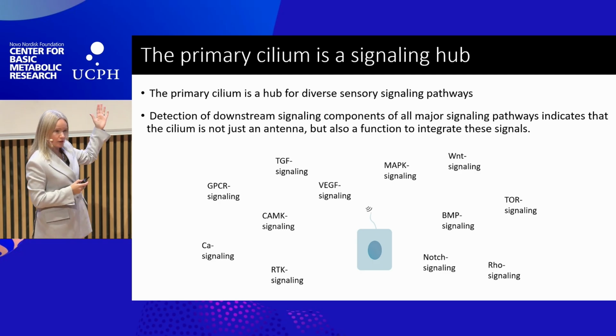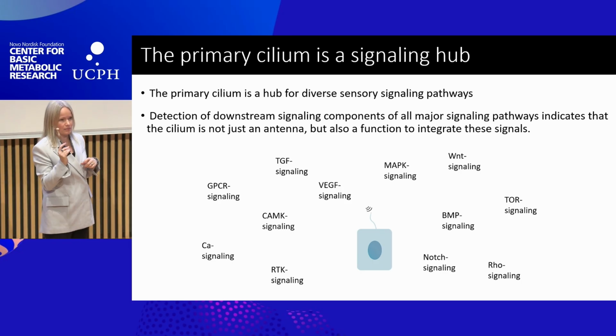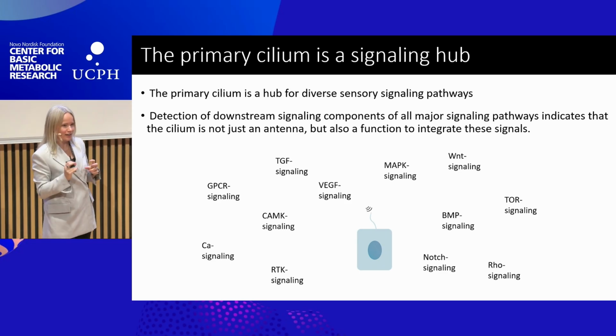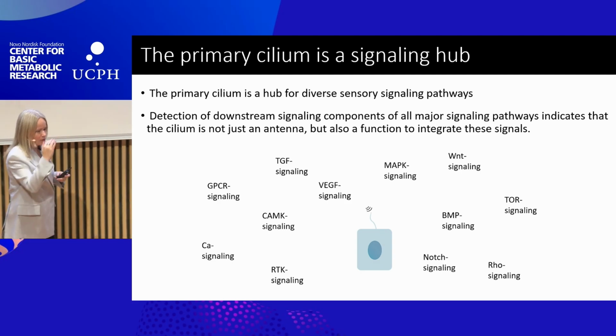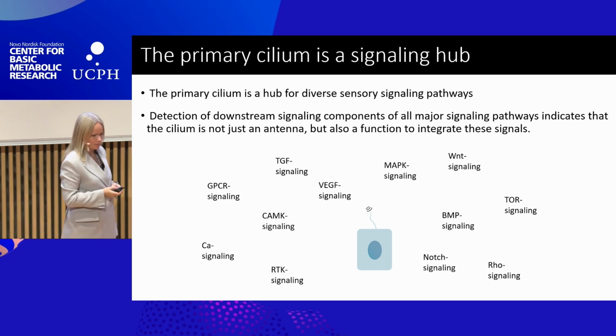What is nice is that we could find not only receptors for signals, but a lot of the downstream signaling components were also present in the cilium. So this changes the notion of the cilium from only a sensor to maybe even a little computing device, something that not only senses, but also integrates the signals before it passes them further. So there's multiple steps where you can filter these signals.